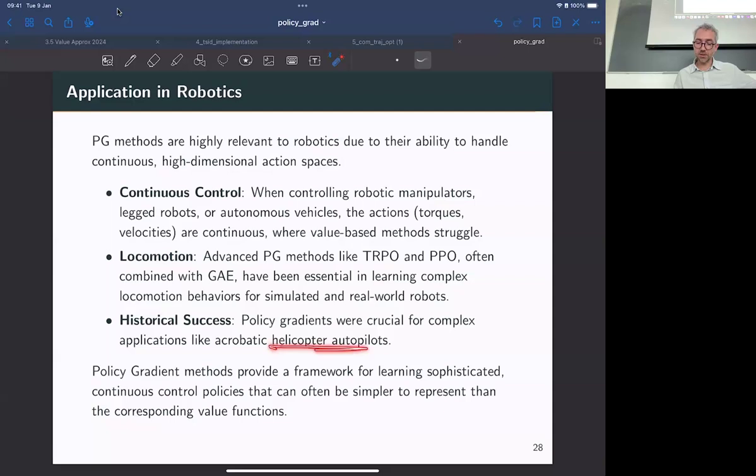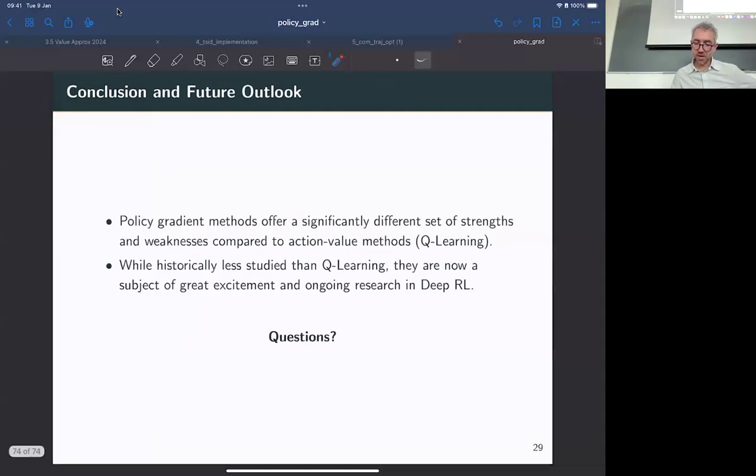They've also been applied to helicopters to do acrobatic maneuvers. And they provide a very valid alternative to the more classic value-based methods that we have seen so far, like deep Q network.